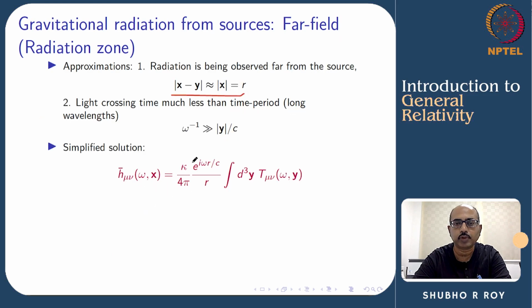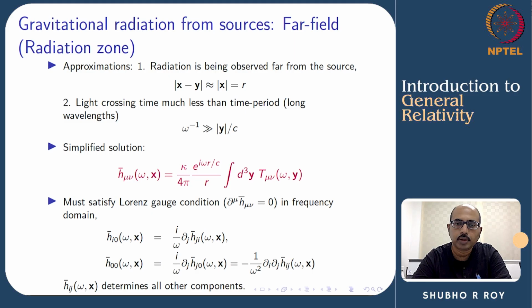The phase is out of the integral, and the factor of r in the denominator is also out of the integral. Then we are left with a simple volume integral of the frequency domain component of T mu nu of the source. This is the solution in the radiation zone or far field approximation, which is true for most astrophysical situations, where the source is light years or parsecs away, and these are appropriate approximations to make.